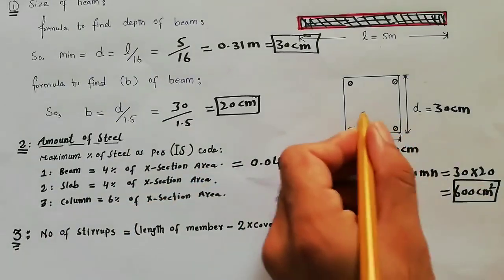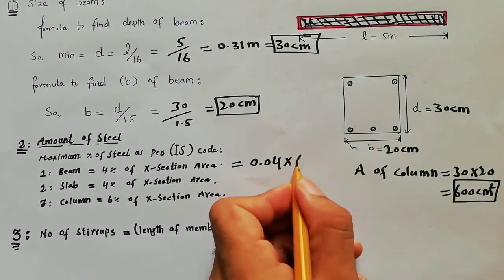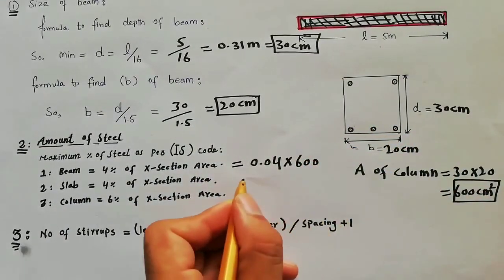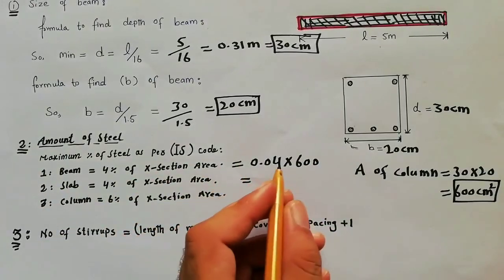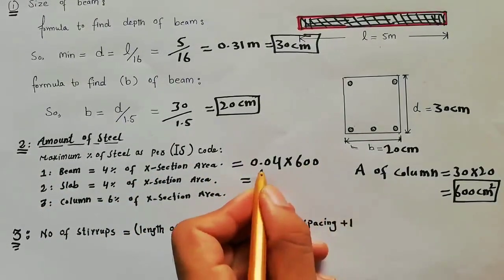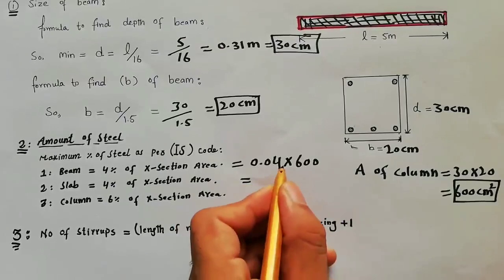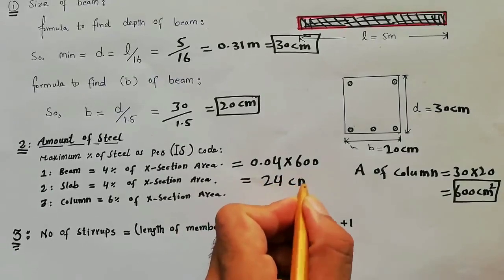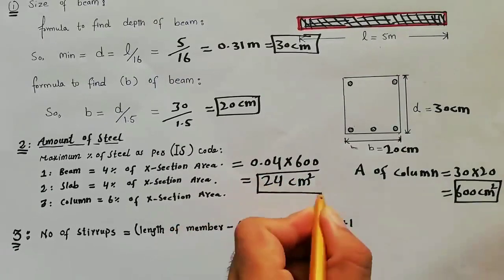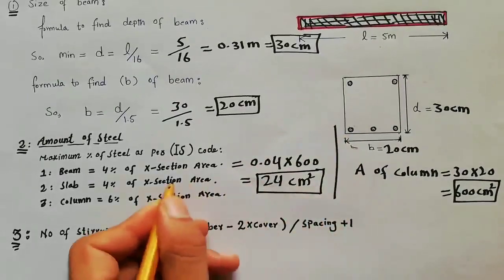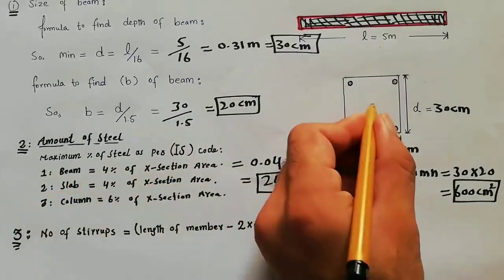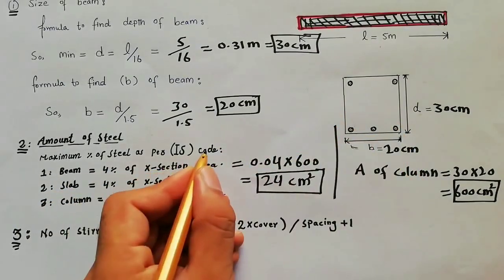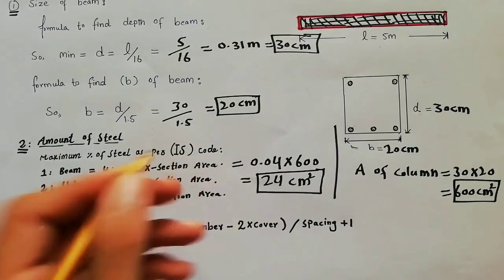Cross sectional area of this beam is 600 centimeter square. When you multiply 0.04 multiply 600, it will give us 24 centimeter square. So this is the amount of steel for this beam with IS code, Indian Standard Code.